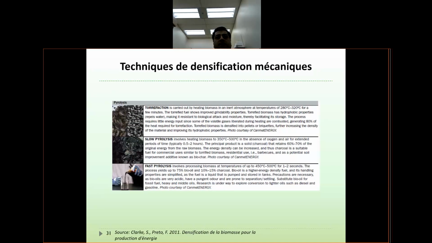Okay, now we want to talk about something really important, the density of biomass. Before we talk about the density of biomass more specifically, let's talk about the definition of density, because some people really don't know the difference between the densities.